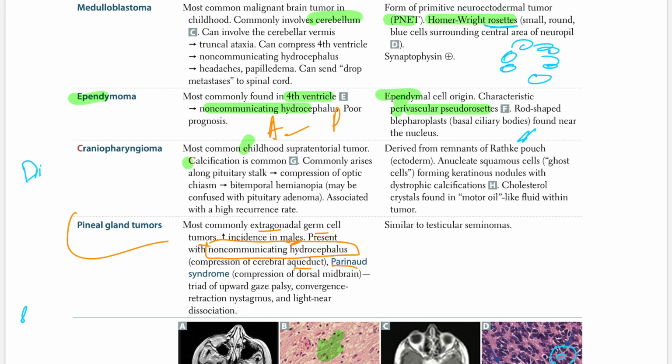It leads to Parinaud syndrome, which is the compression of the dorsal midbrain, leading to a triad of upward gaze palsy, convergence-retraction nystagmus, and light-near dissociation. And this is the classic triad for Parinaud syndrome.